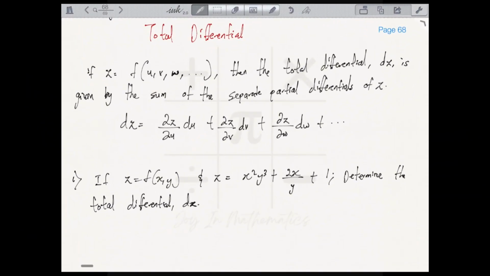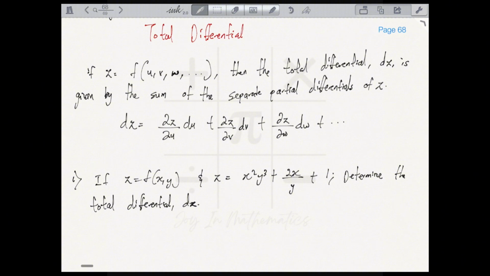Let's discuss the total differential. If z is the dependent variable of various independent variables ranging from u, v, w down to any number, then the total differential dz is given by the sum of the separate partial differentials of z.